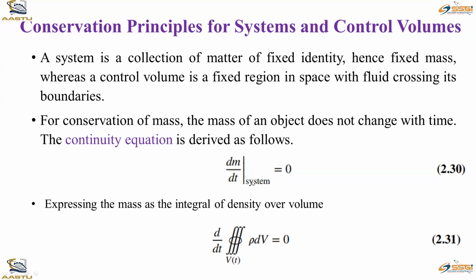That means the change in mass per time is equal to 0. So the continuity equation is derived from dm/dt for the system equal to 0. Mass is conserved. And expressing this in integral form of density, mass means what? Rho dV is mass.